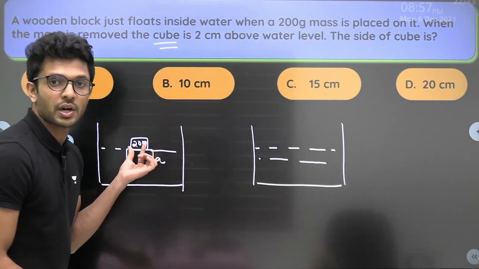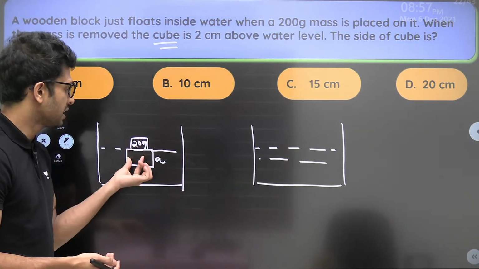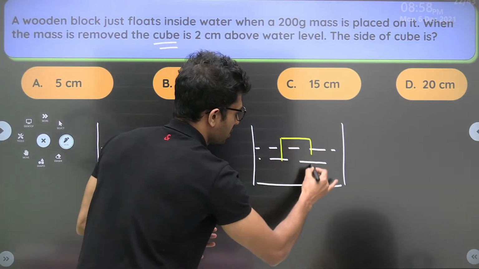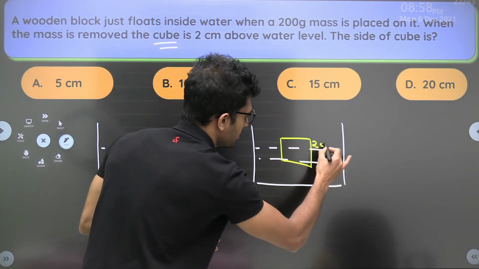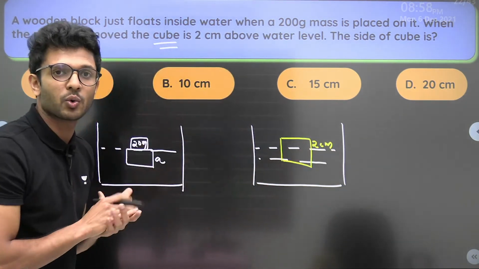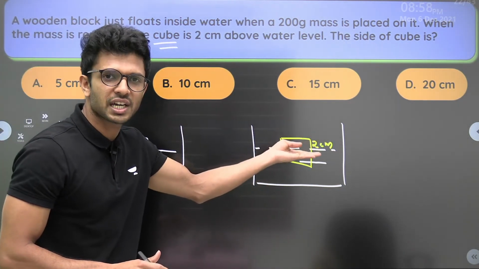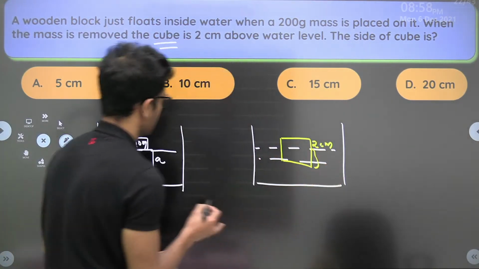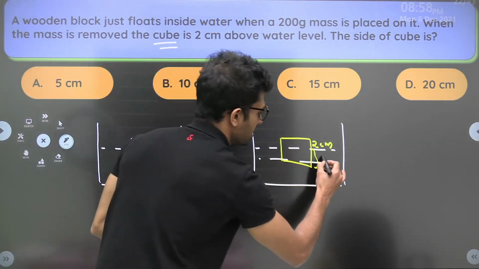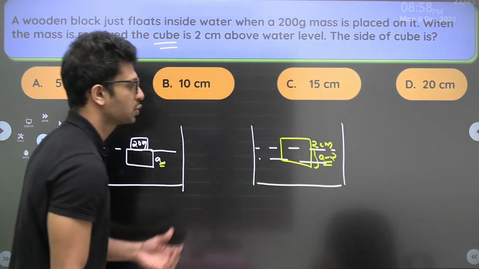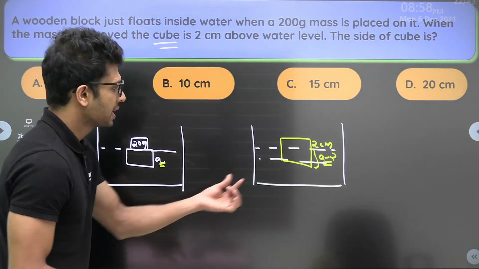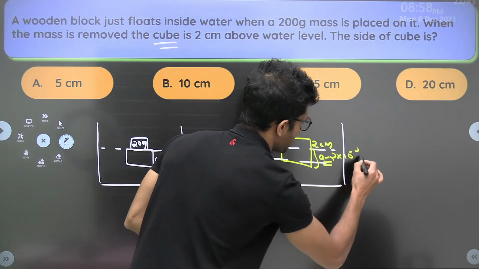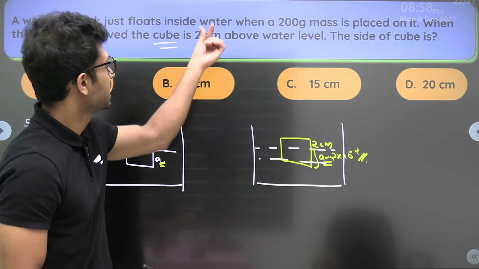Once you remove this 200 grams of mass from the wooden block, it moves up, and 2 centimeter is above the water level. Now 2 centimeter of a side will be above the water level. So how much is there inside the water? It is A minus 2 centimeter. 2 is in centimeters, so we'll write it as 2 into 10 power minus 2 for converting centimeters to meter.